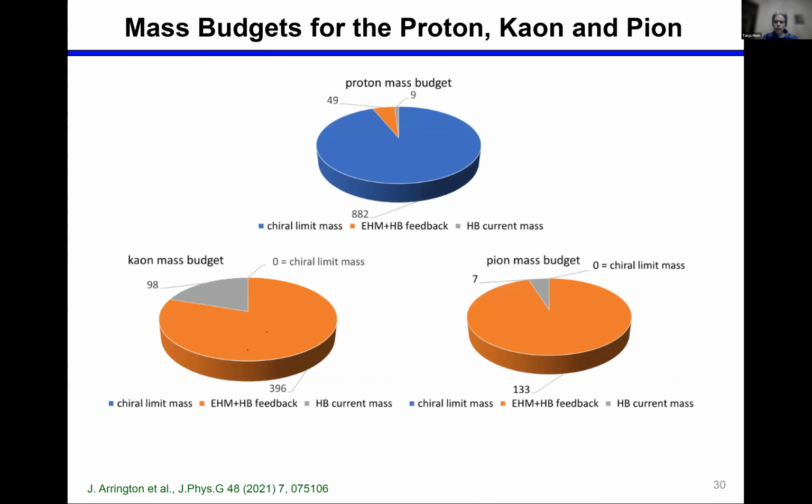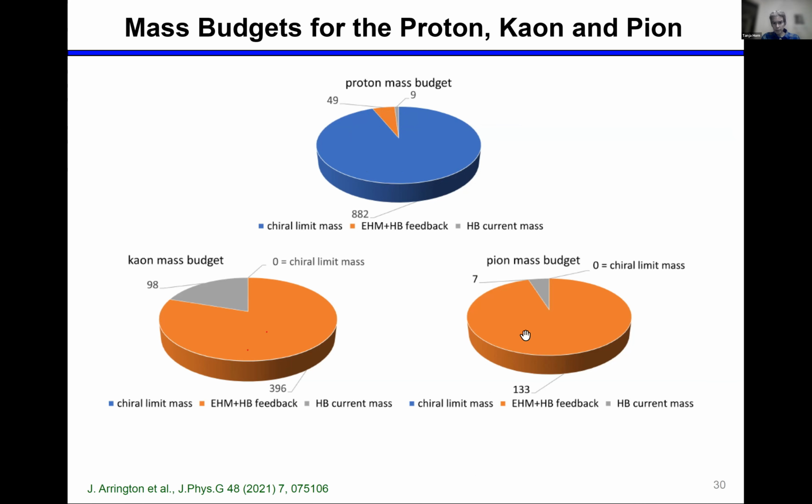Then let me say a few words about the mass budgets, proton versus pion and kaon. Here on the top, you see the proton mass budget. You see that the mass in the chiral limit, in blue here, is very large, even in the absence of the Higgs boson. Well, the Higgs boson couples, of course, into QCD. The non-zero part here is essentially a manifestation, if you like, an expression of the emergent hadron mass in the standard model.